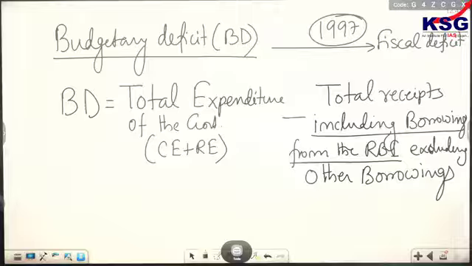Clear, dear? Now the second question: we see deficit financing as a reverse process of the FRBM Act, so why do we need deficit financing, or is it useful for the economy?